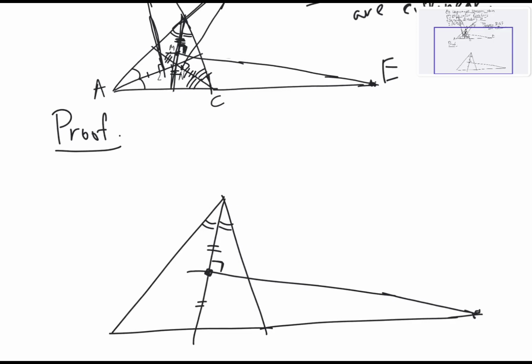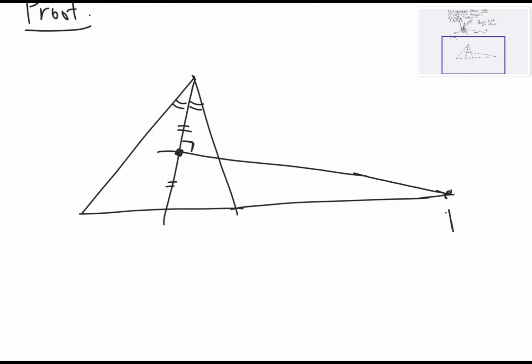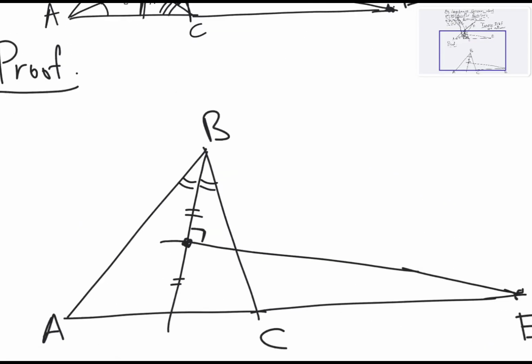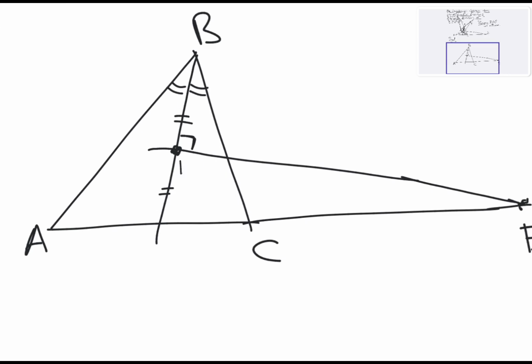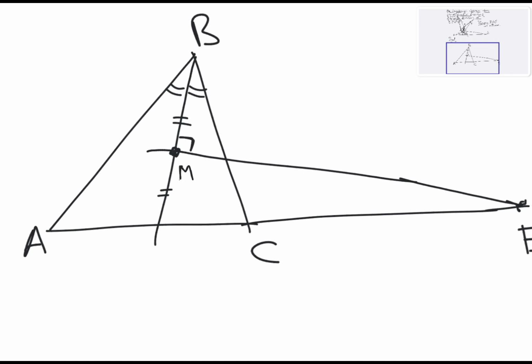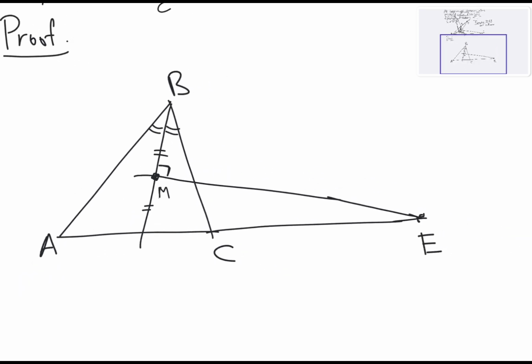So we denote it by E. So this point is E. So A, B, C. This point was M.